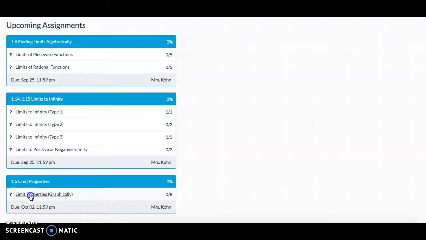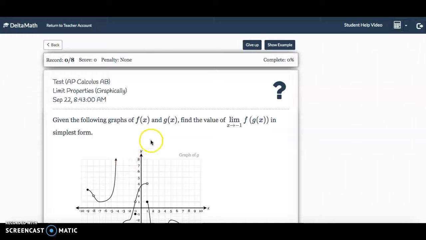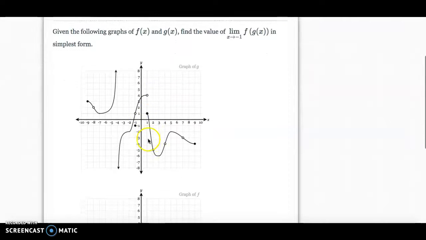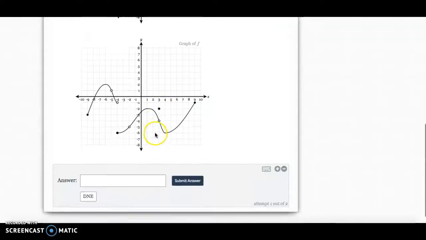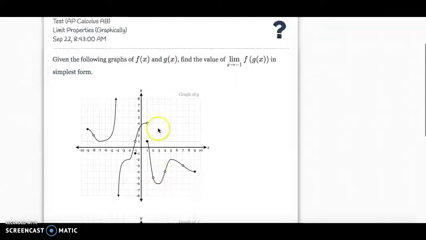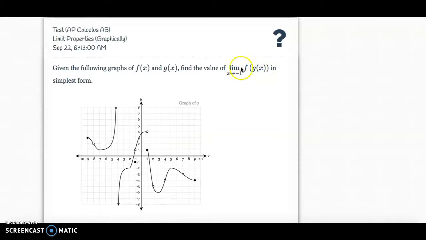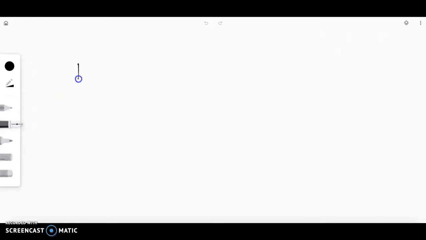So I'm going to click on limit properties graphically. It says, given the following graphs of f of x and g of x, find the value of the limit of f of g of x as x approaches -1 in the simplest form. First I'm going to identify that this is a limit of a composition of functions.